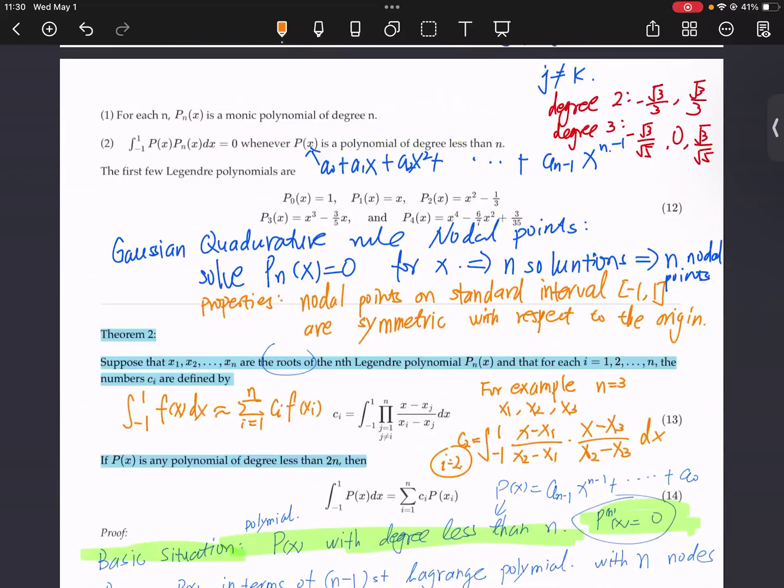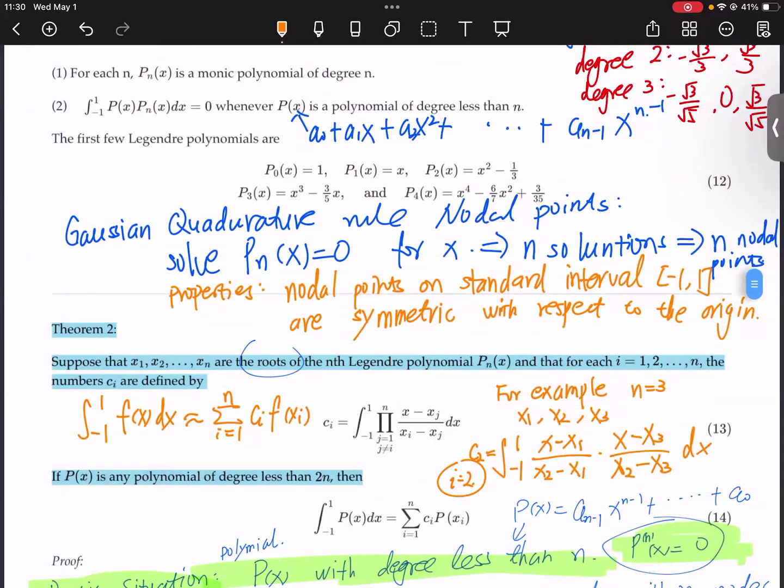So this theorem says a note: the proof is not a problem. Understanding what the theorem is stating is very important. Here, it's just saying, okay, now we get one quadrature rule that can achieve the highest degree of precision we can get. So in theorem 1, it says maybe we can achieve 2n minus 1 degree of precision.